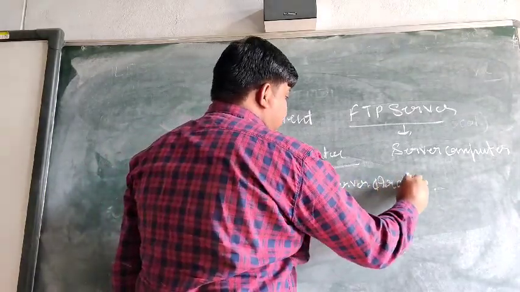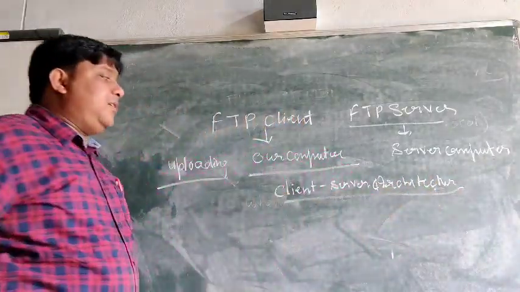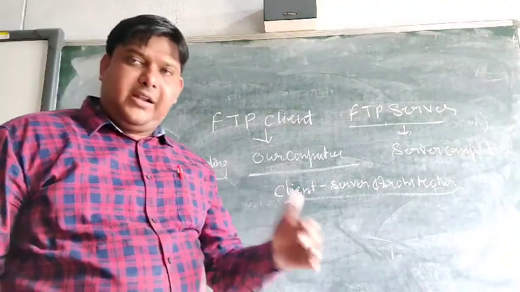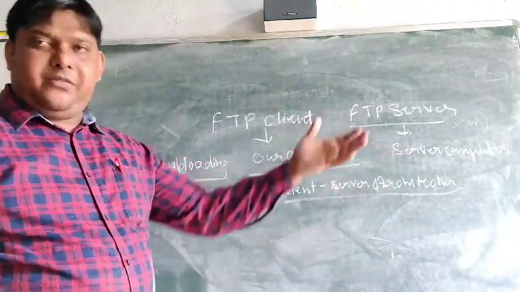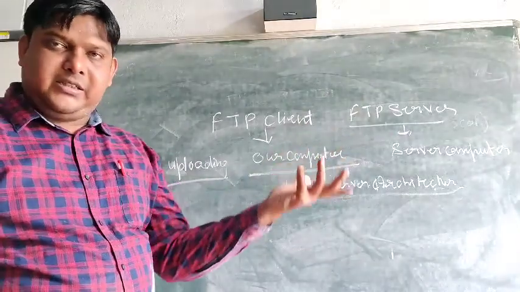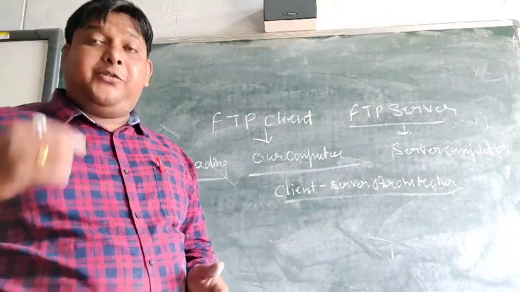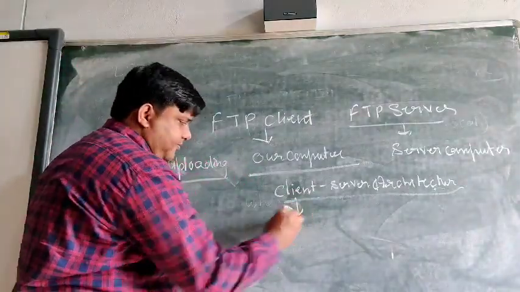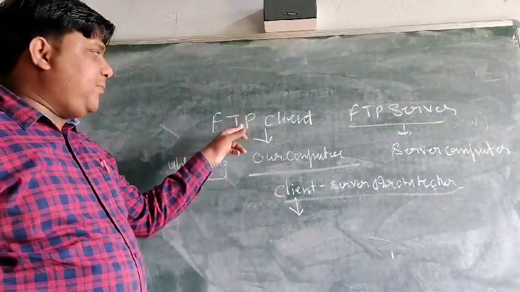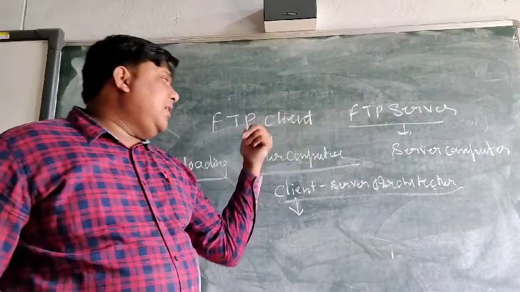Now what is the client and server architecture? In the client server architecture, we know that our computer is the client, and the server is where we are transferring the data over the internet. So in the client server architecture, the first initiative is taken by what? Client. Clear? So in FTP, when we are transferring the data, who will send the request to the server?